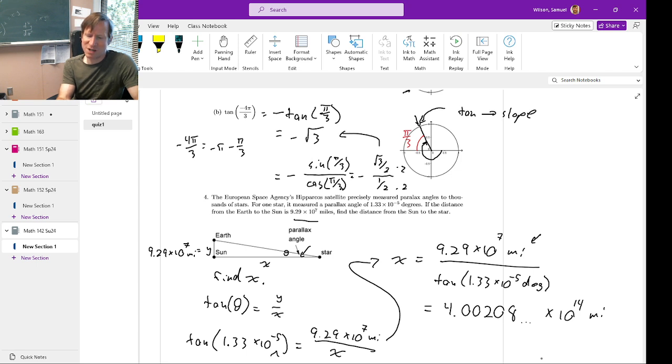I hope I have the right number of parentheses in here. Okay, yeah, that gives me the same thing. So this 4.002 times 10 to the 14th is right. Which, I mean, that's an awfully long way, but, you know, it's a long way to other stars. So it seems plausible, I guess.